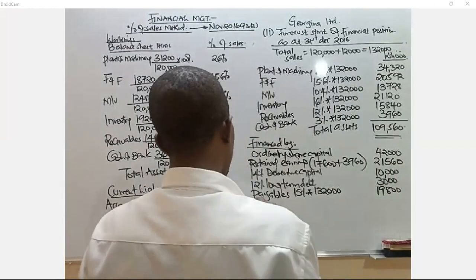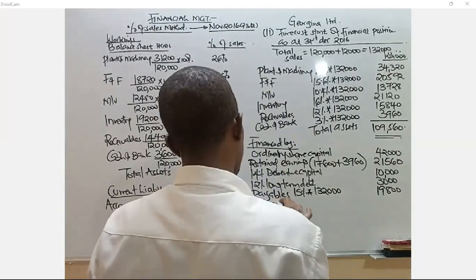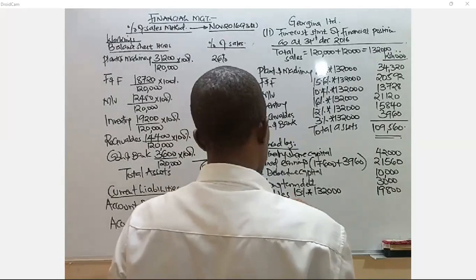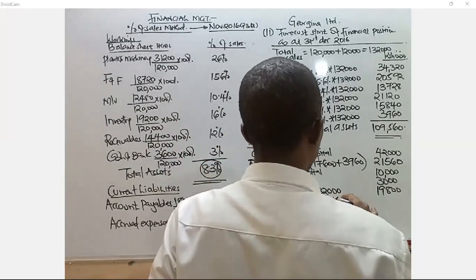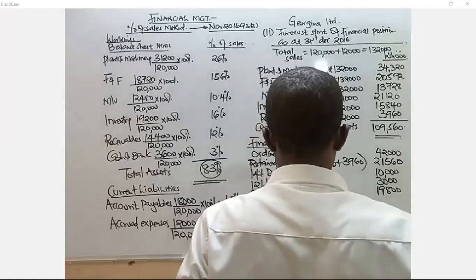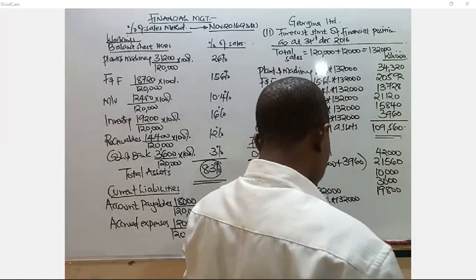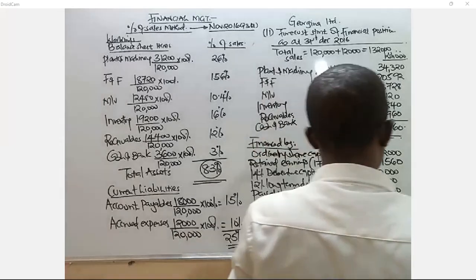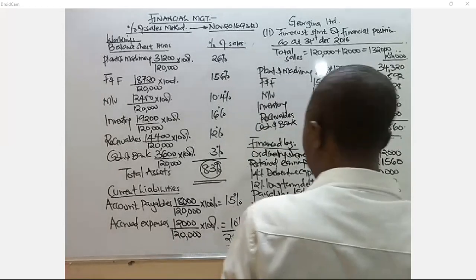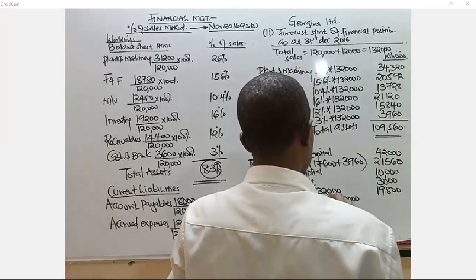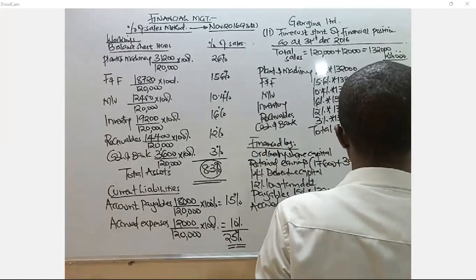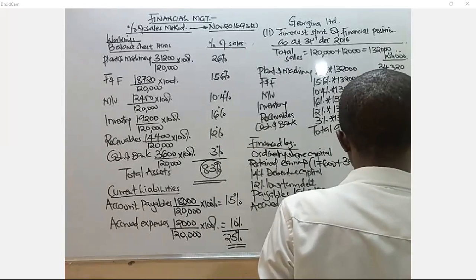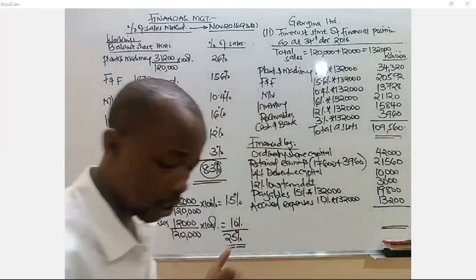After the payables, we go to the accrued expenses, where we take 15% of 132,000... sorry, this should be 10%. 10% of this should be 13,200. Nothing else to add there.